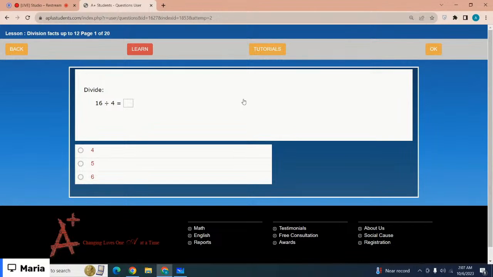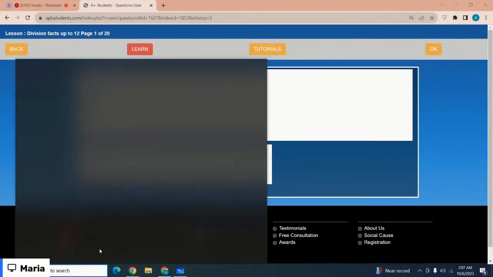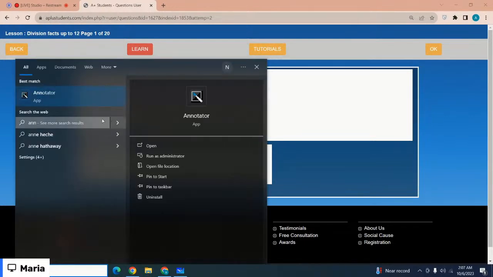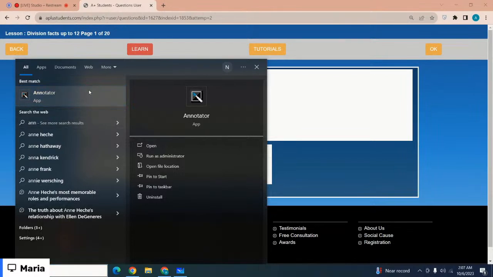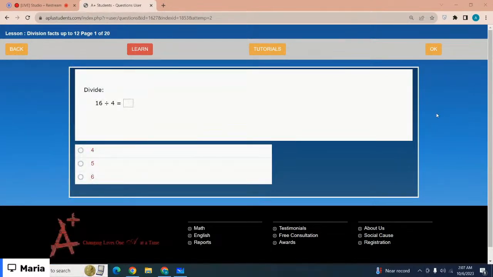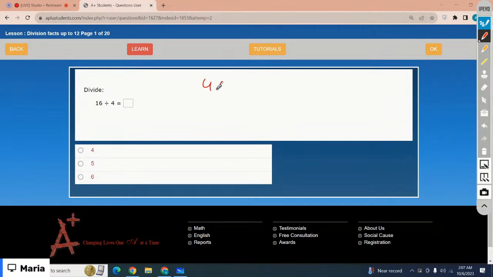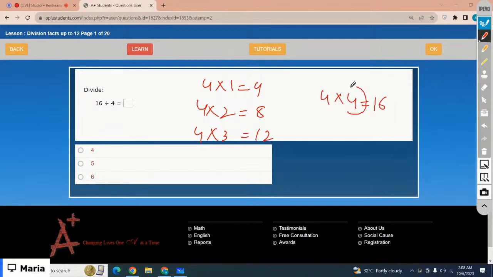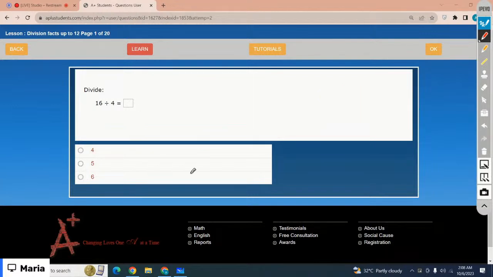You need to count a table of 4. You guys need to work on the tables. 4 times 1 is 4, 4 times 2 is 8, 4 times 3 is 12, and 4 times 4 is 16. So when you divide 16 by 4, the correct option is 4.